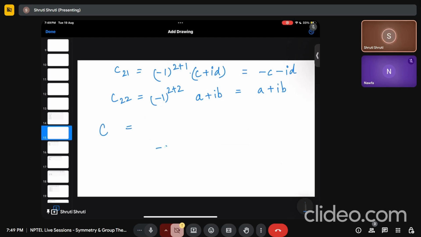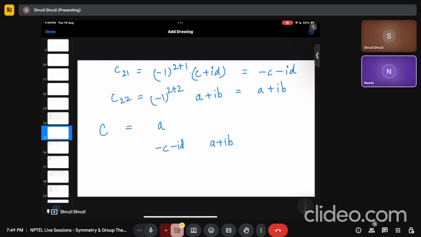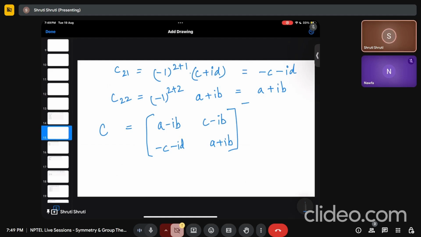So the cofactor matrix is this. Let me know if I'm doing anything wrong. Now we have to transpose this.